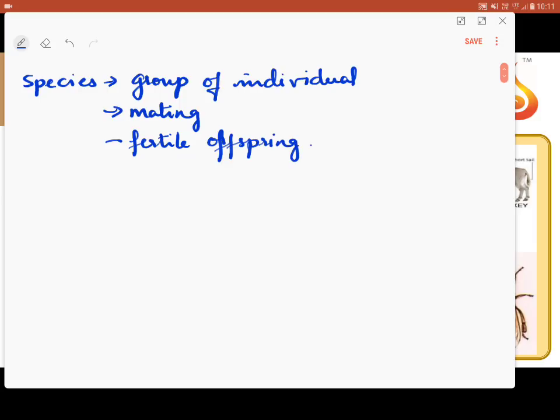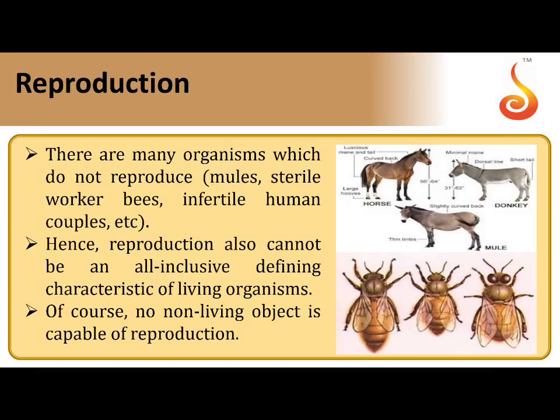But in this case, what did we do? We have interbred two different species of organisms. In such a scenario, the end result will always be a sterile organism.